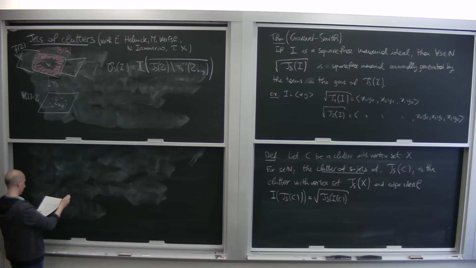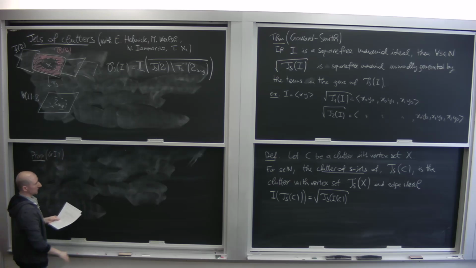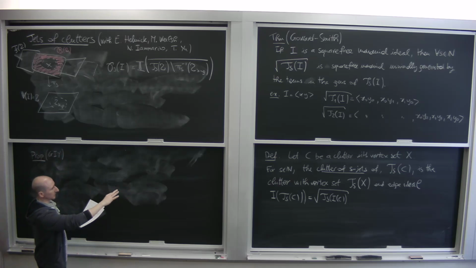And maybe to try and give you a sense of why it's nice for monomial ideals, let me write down what happens in that case. So let me do the same setting. You have a clutter C, a vertex set X, you take its edge ideal.